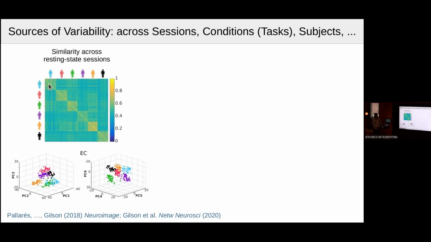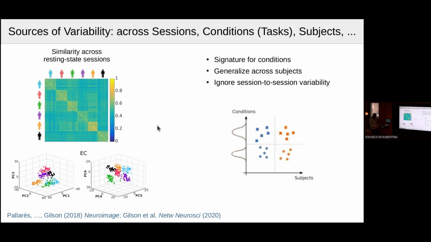And if you look at the similarity between the fMRI or effective connectivity or functional connectivity across the sessions, you see that you've got higher similarity here in the blocks for the sessions of the same subject compared to the rest. So you've got a bias that you want to remove.